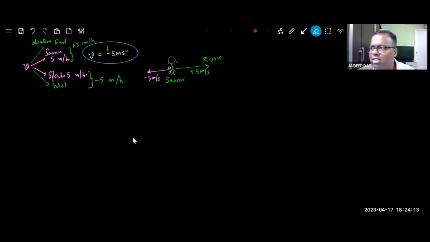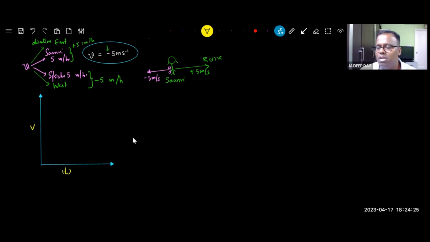Let's try and see that in a graph. Then only graphs become interesting. Look at the graph. I'm trying to plot a VT graph now, velocity with time. Try and understand. As time goes, and let's say it's a constant velocity, my student Shaurya travels from his tower to the main gate with a constant velocity.